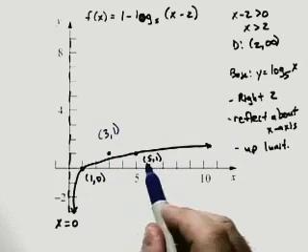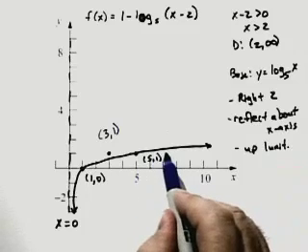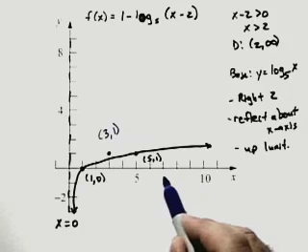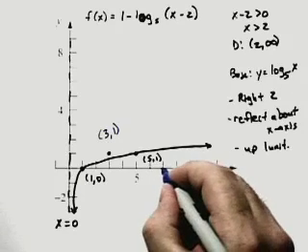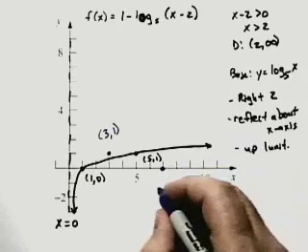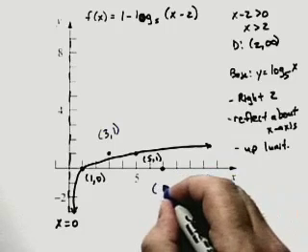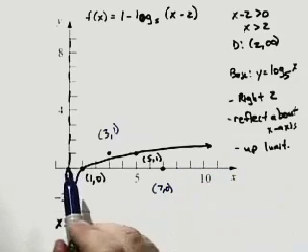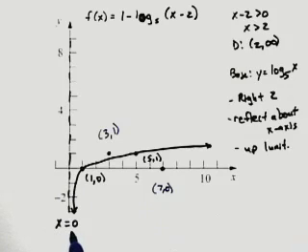The point 5 comma 1, we go right 2 units. We're at 7 comma 1. Reflect about the x-axis, puts us down at 7 comma negative 1. And then we go up 1 unit. So we have the point 7 comma 0. We had a vertical asymptote of x equal to 0.